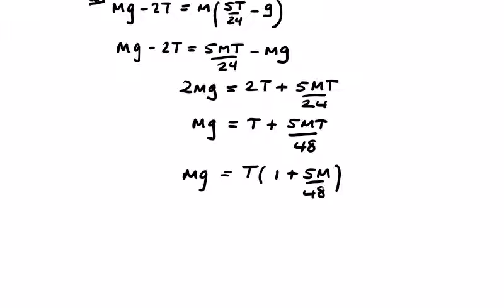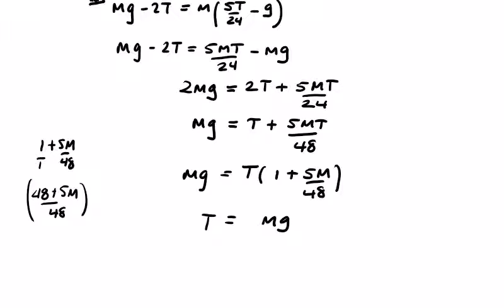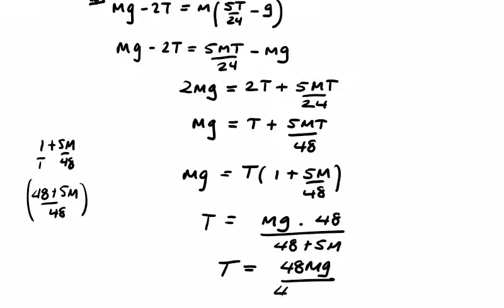So simplifying that bracket, 1 plus 5m over 48 will be the same as 1 over 1, so it'll be 48 plus 5m over 48. So T will be equal to mg divided by that fraction, so turn it upside down and multiply. So 48 over 48 plus 5m. So tension looks to be 48mg over 48 plus 5m.